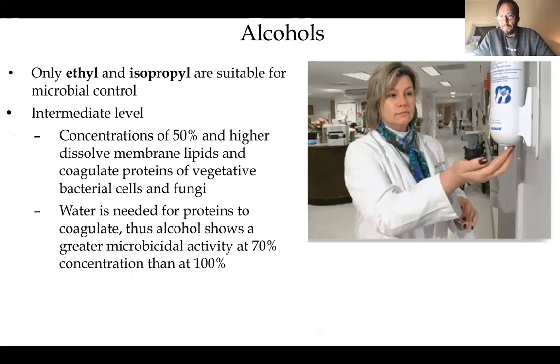Alcohol, right? You go into a doctor's office, it always has that smell, right? That isopropyl alcohol smell. That's because that's a very common germicide used in hospital and doctor office settings.